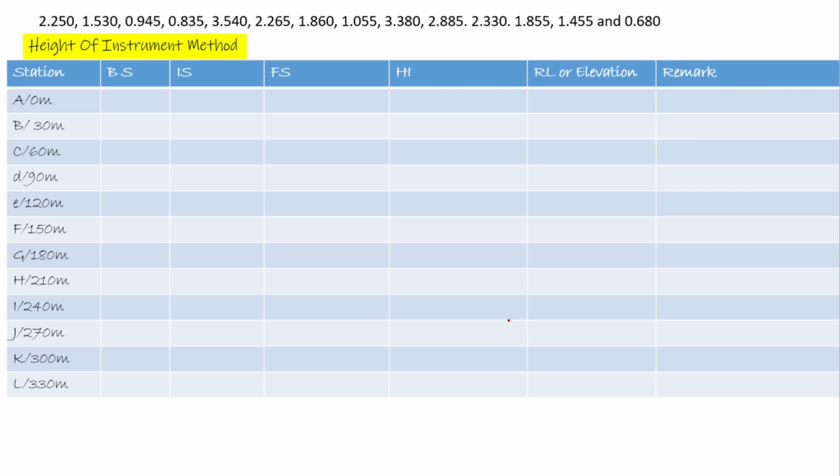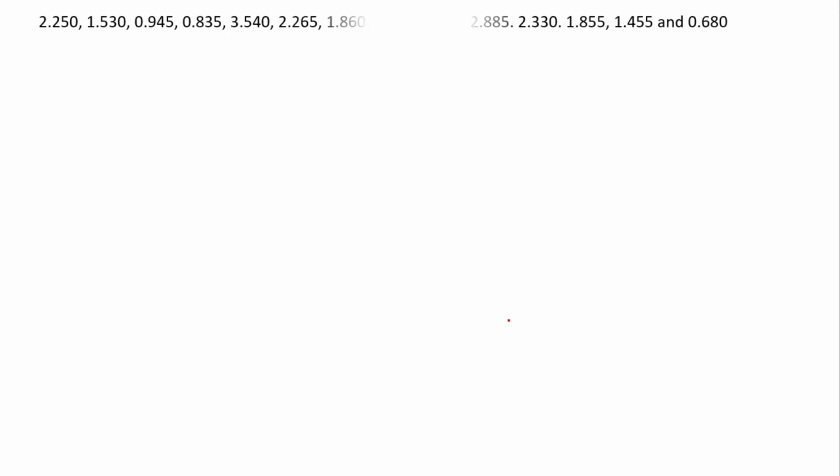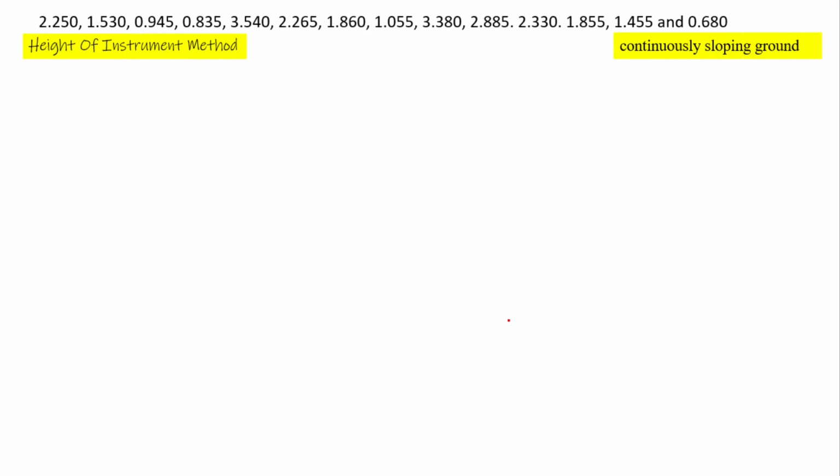Again, it is the same problem. It is a continuously sloping ground, but here readings are decreasing. Decreasing in the sense we are going in the upward direction. The survey is conducted in the upward direction. So these are your entries.